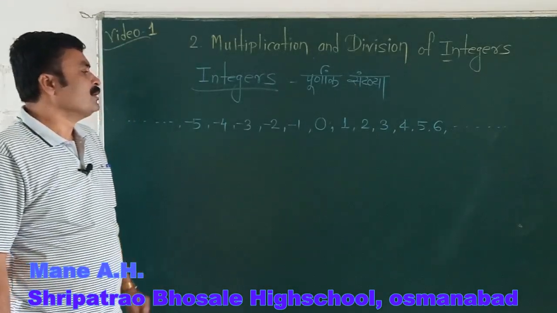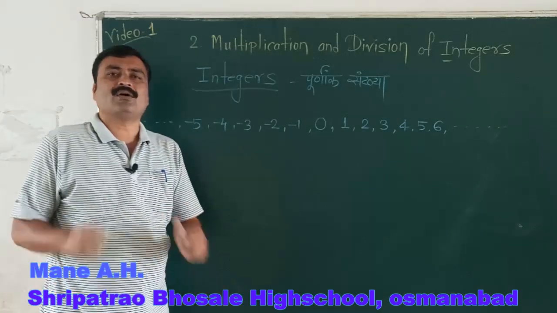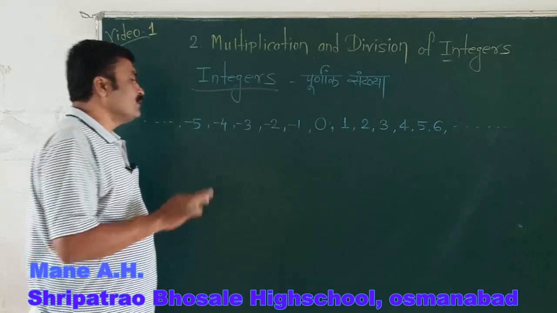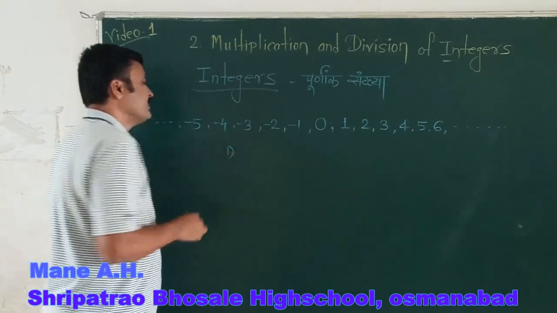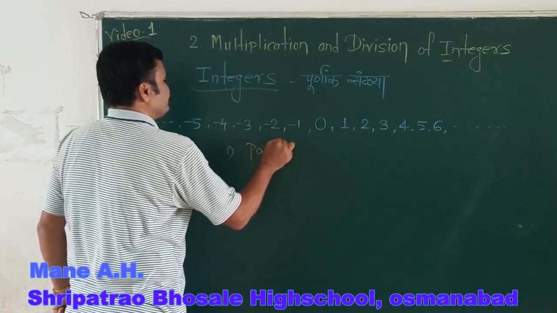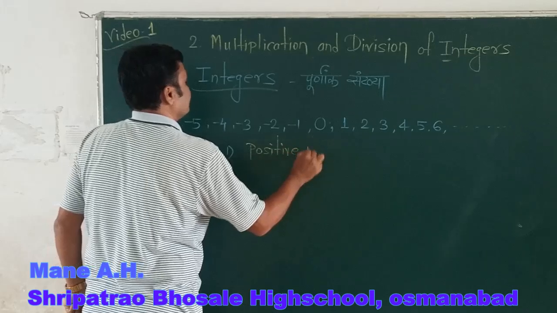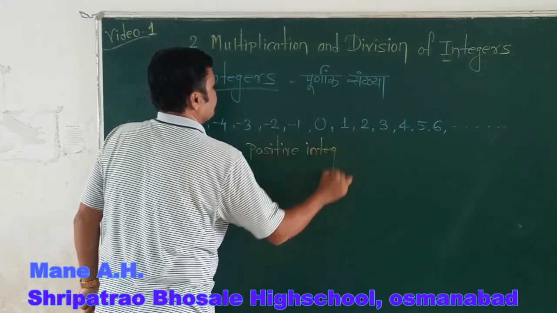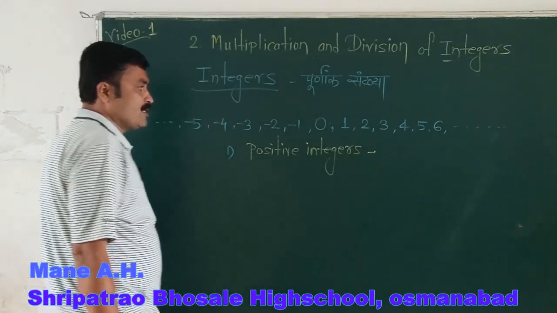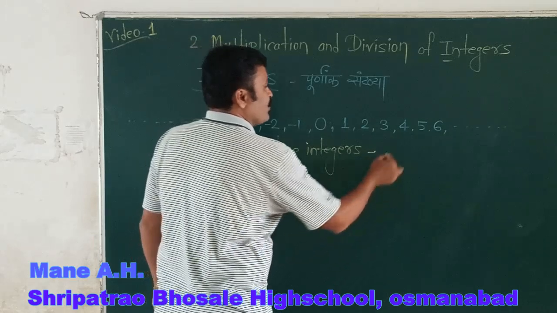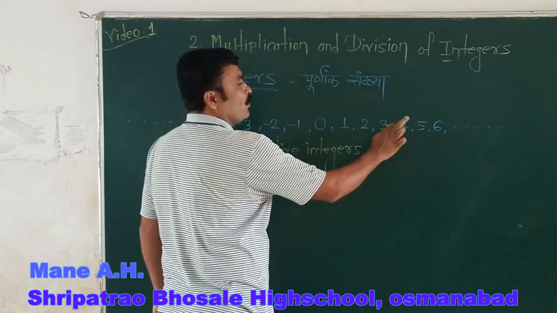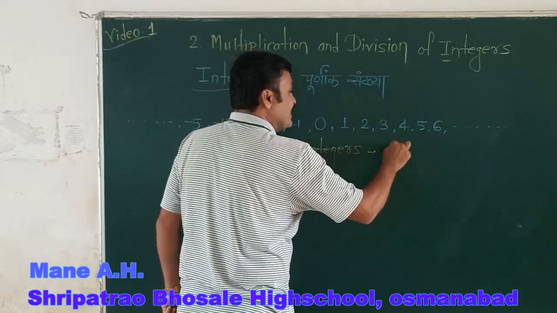Now, if you observe the group of integers, it always consists of 3 types of numbers. The first type of number is known as positive integers. Into the group of these integers, the numbers coming at the right side of this 0, that here I am writing as 1, 2, 3, 4, are positive integers.